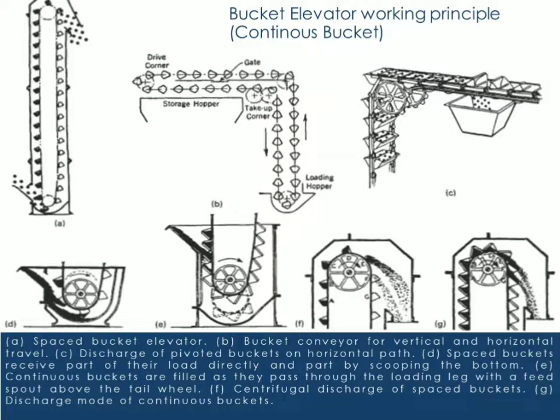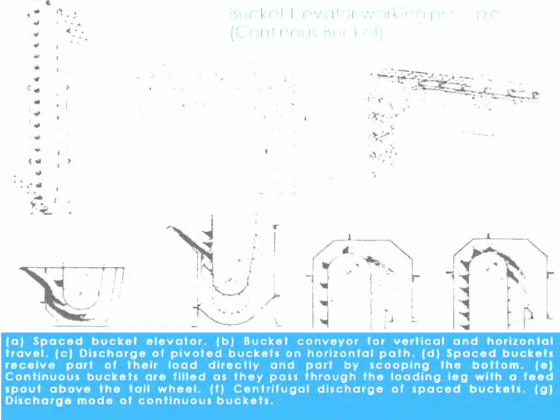D. Spaced buckets receive part of their load directly and part by scooping the bottom. E. Continuous buckets are filled as they pass through the loading leg with a feed spout above the tail wheel. F. Centrifugal discharge of spaced buckets, unlike the discharge mode of continuous buckets.